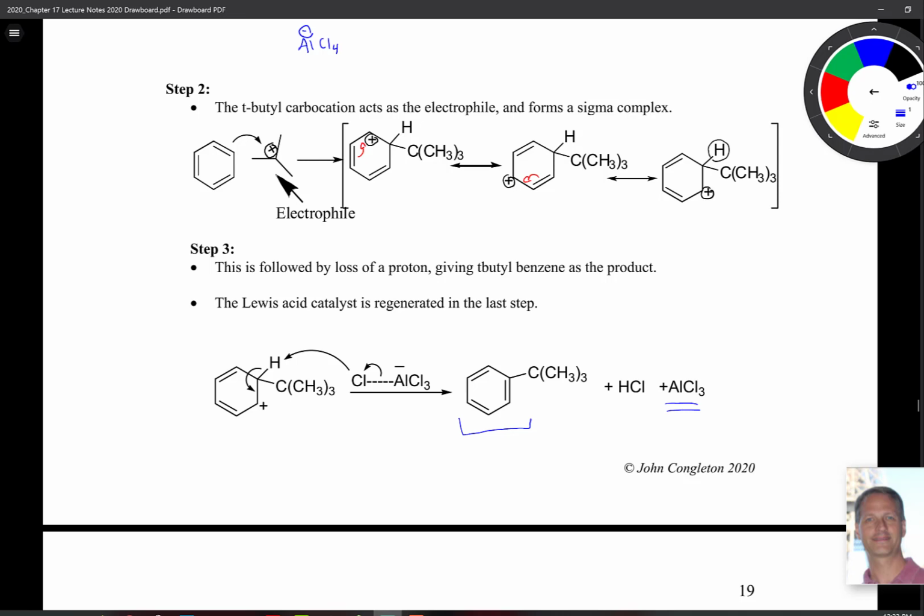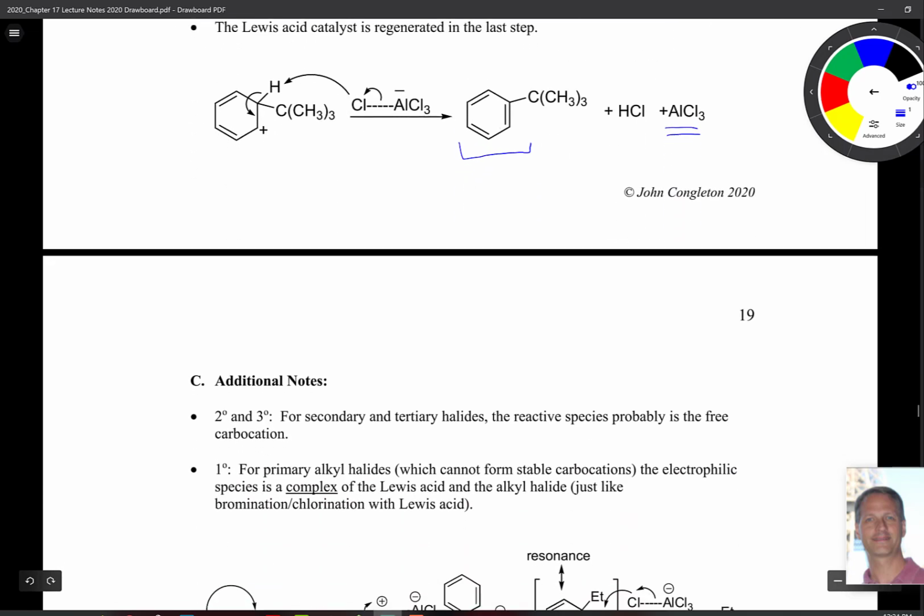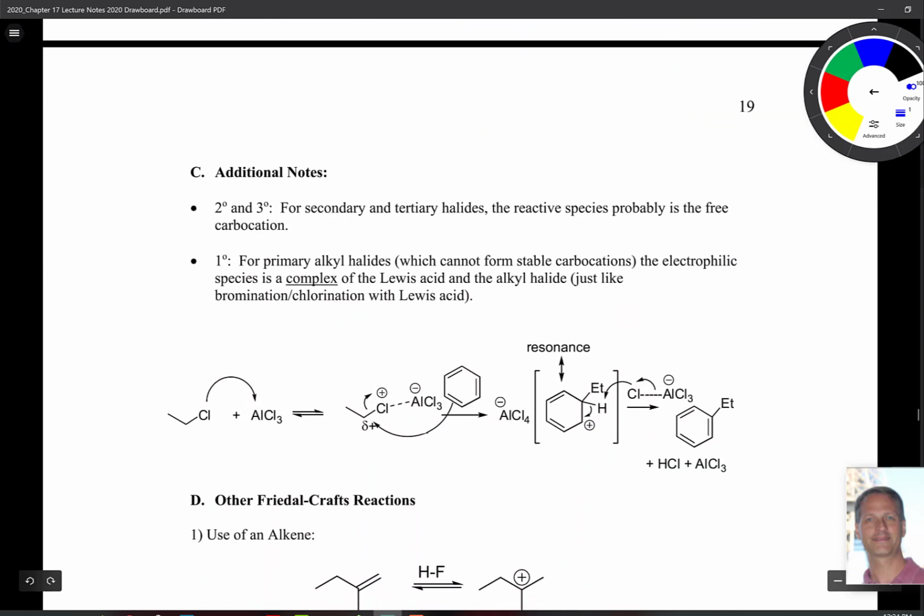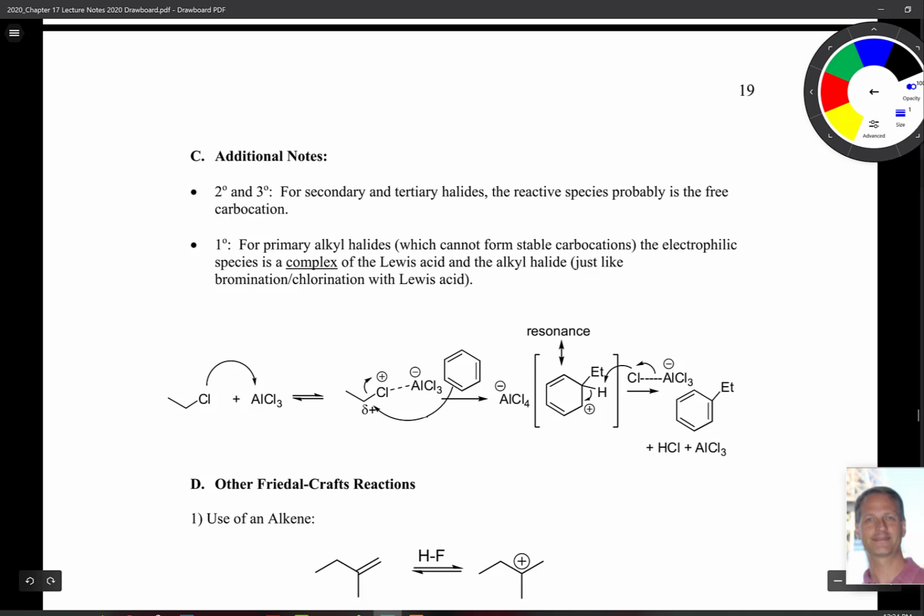There are some additional concerns that we have to be aware of. One of the problems is that you can have rearrangement occurring. So we'll talk about rearrangement in just a second.